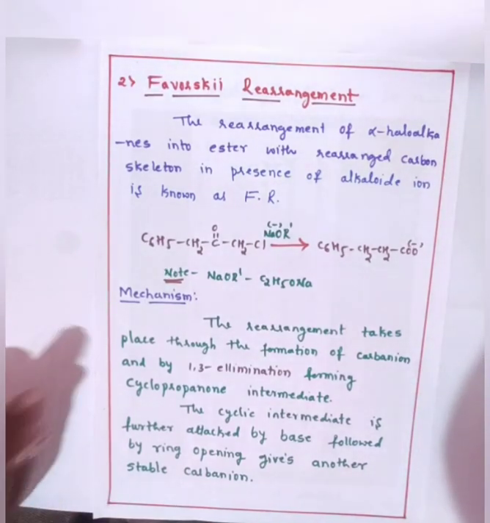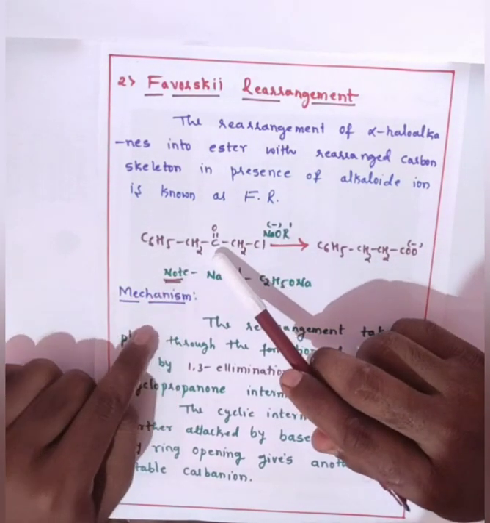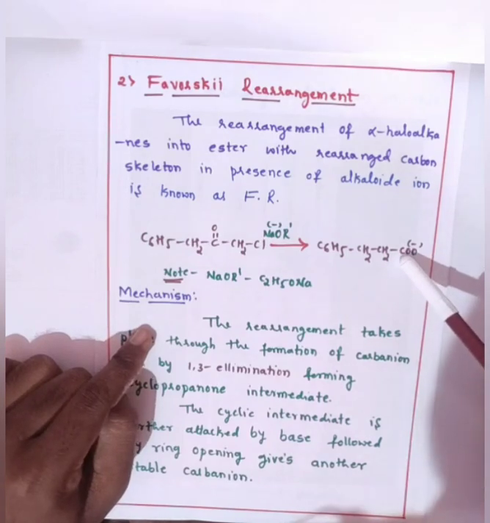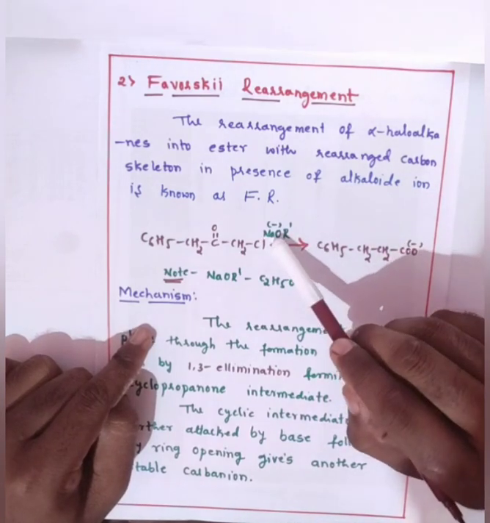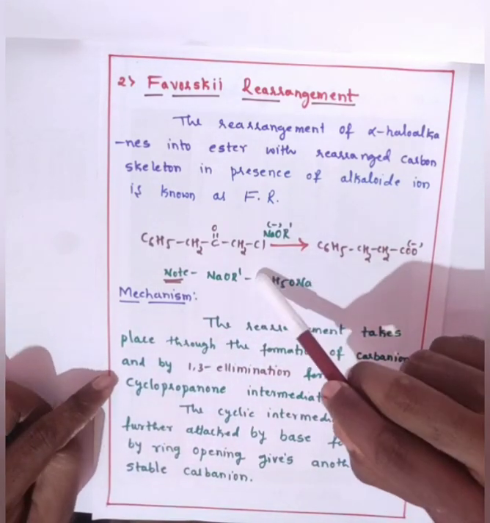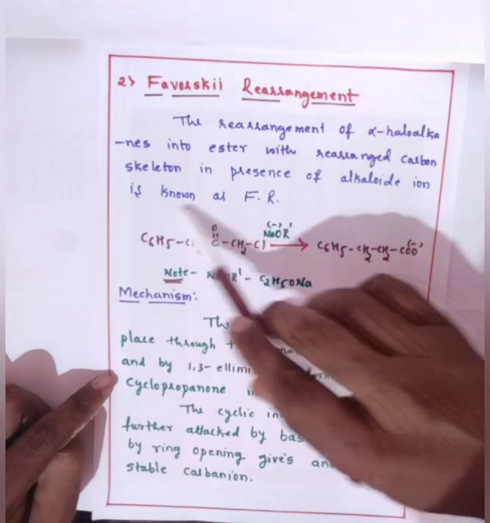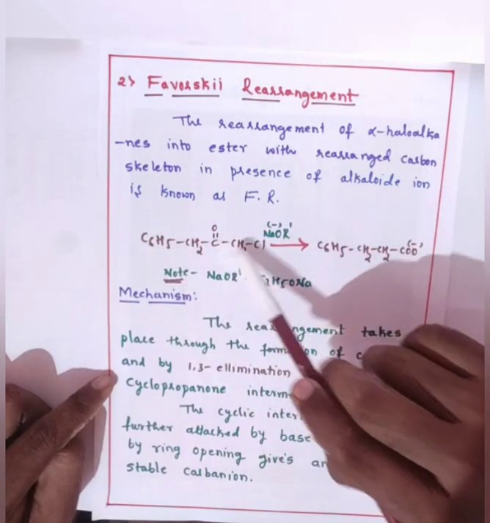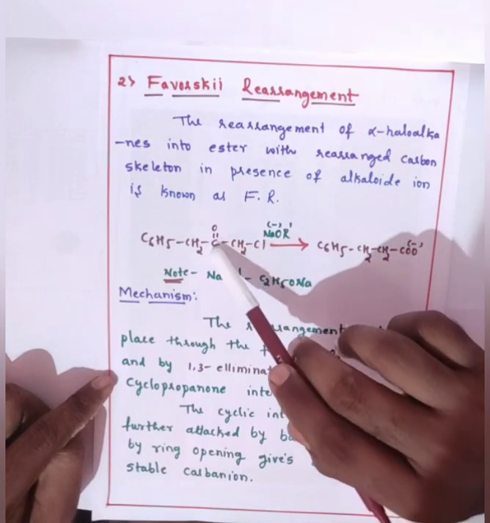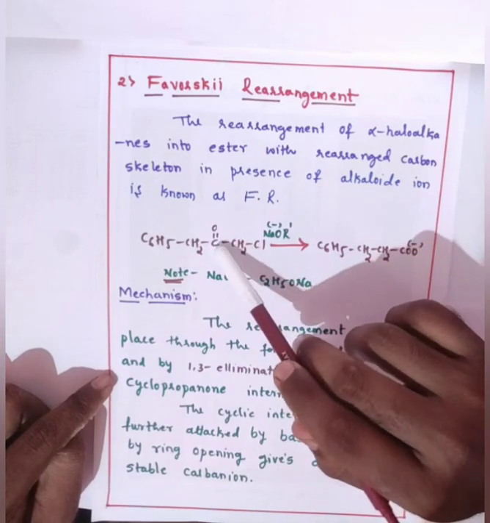Here we can see the reaction: alpha haloketones converting into an ester in the presence of alkoxide, with sodium ethoxide as the reagent. It is called alpha haloketone because the halogen is present on the carbon atom that is alpha to the carbonyl group.